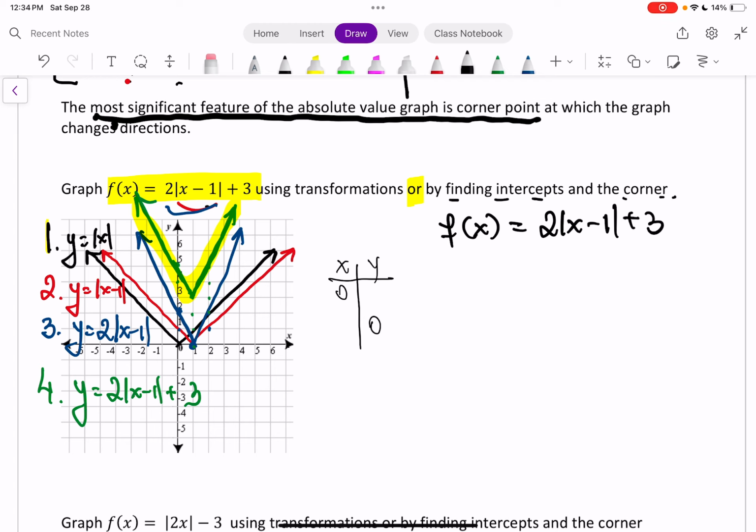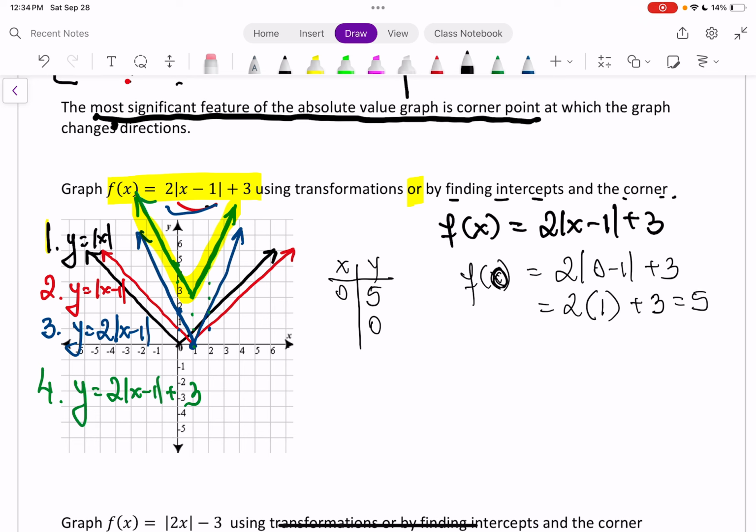Now, if I plug in a 0 for x, I'm going to get 2 times the absolute value of negative 1, plus 3. The absolute value of negative 1 is a positive 1. So you see I'm going to get a 5.